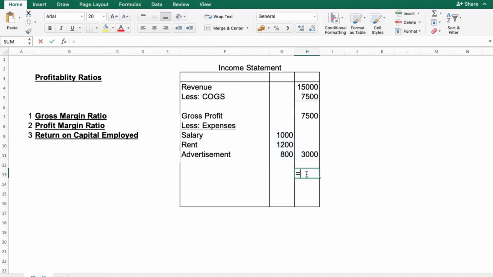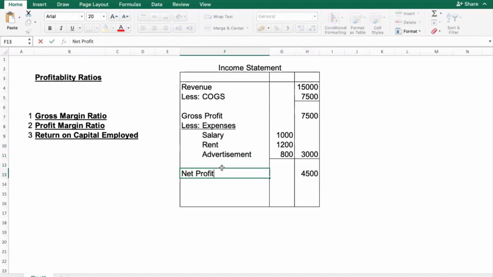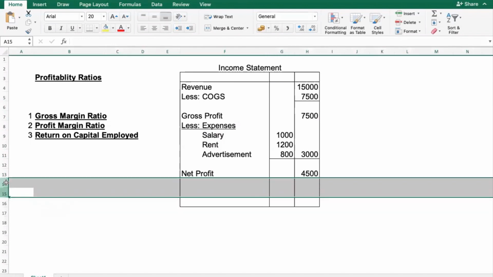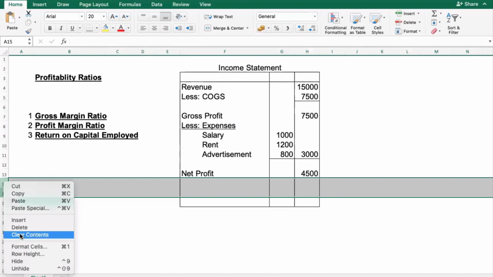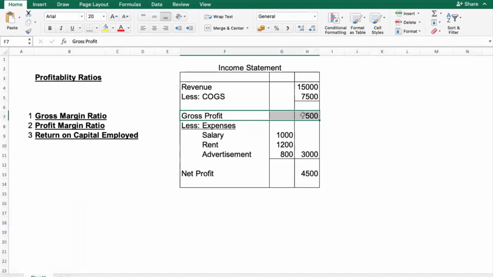From 7,500 I subtract 3,000 and get 4,500, which is my net profit. This is what we do in the income statement: we calculate gross margin, then net profit.